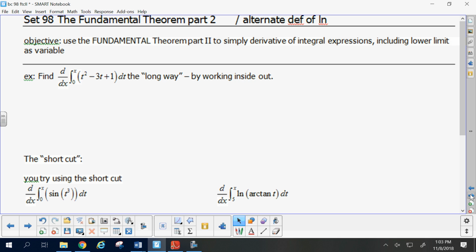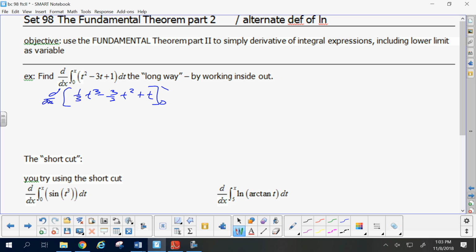Are you following me? All right. Say we did this the quote-unquote long way. Not by saying, oh, I know the derivative, the antiderivative, and so on. But if we actually took the antiderivative, what is it? 1/3 t cubed minus 3/2 t squared plus t from 0 to x.